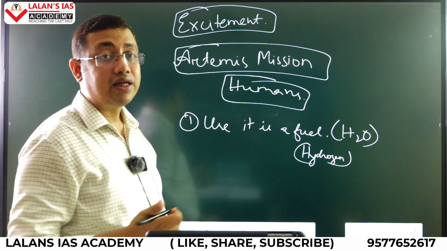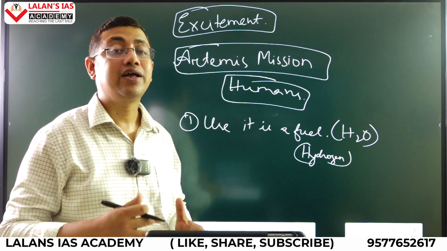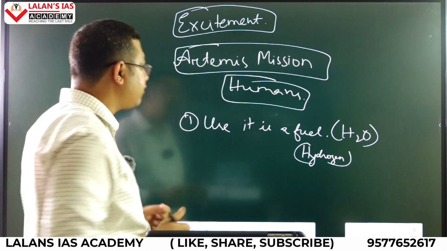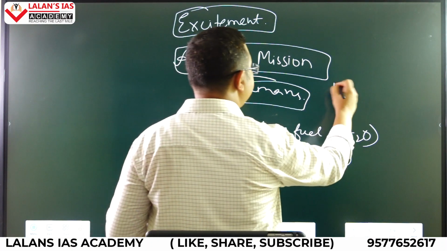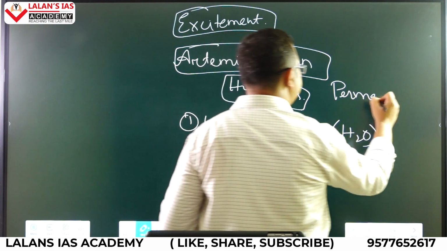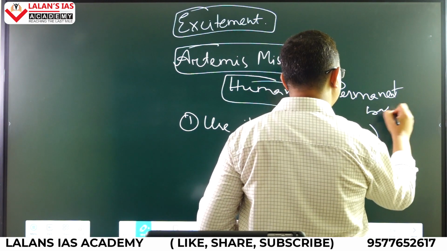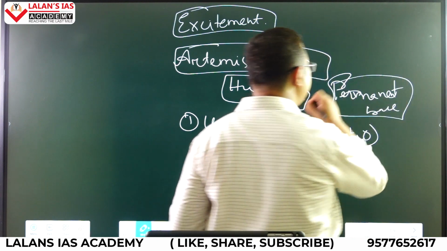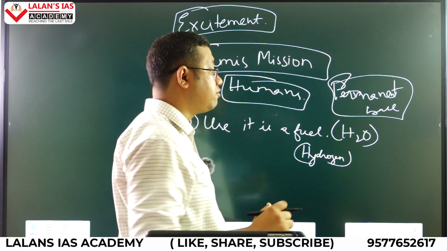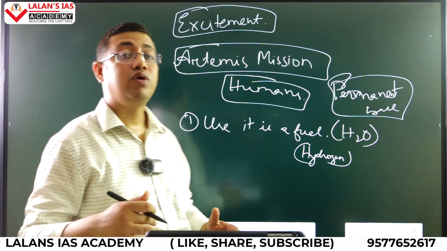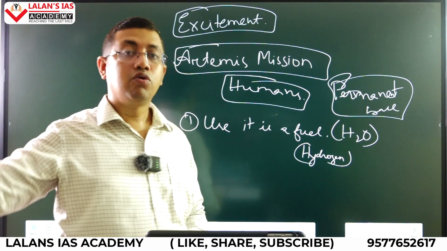So these two things can significantly alter, or actually realize, the dream of creating a permanent base. The Artemis mission's purpose is this: create a permanent base on the moon, like we have a base in the ISS, International Space Station. If we have a base on the moon, that will eventually propel us to go further.